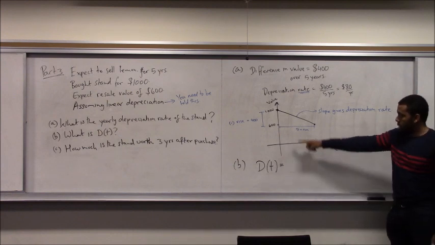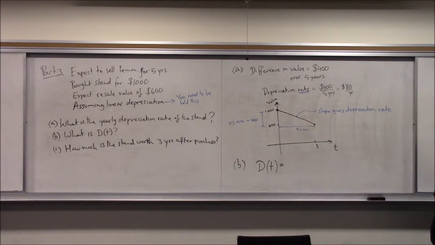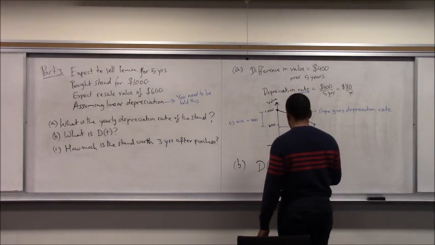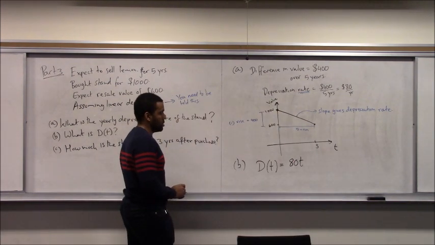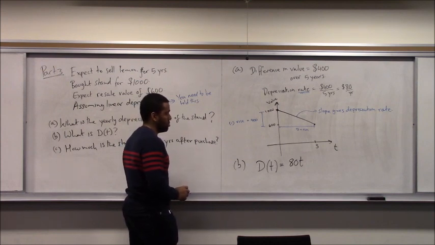So d of t is that guy, right? Which is a straight line. How do you find the equation of a straight line? Is it 80t? Where time is in years, so every year depreciation. 1,000 minus 80t.